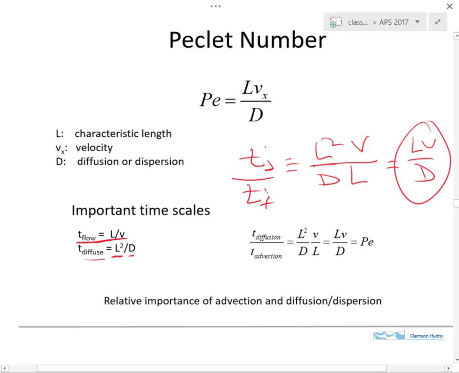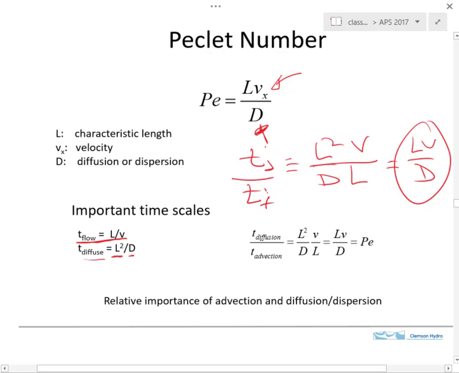So I think you can see that as velocity gets bigger, then the Peclet number gets bigger and advection gets more important. As D gets bigger, then the Peclet number gets smaller, and so a large Peclet number is dominated by advection, a small one is dominated by diffusion or dispersion, depending upon how we have this set up.